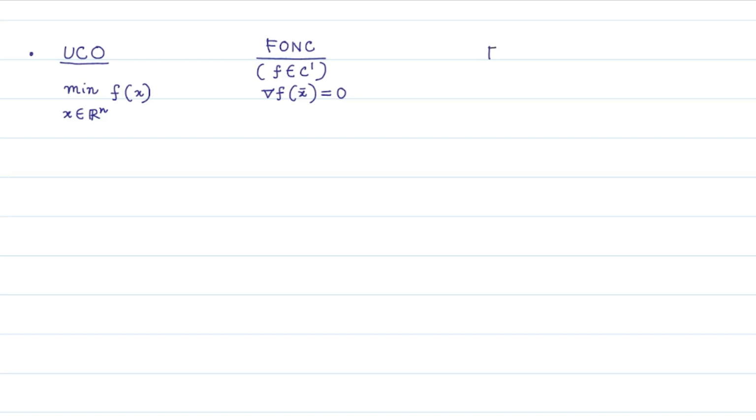And the first order sufficient optimality condition for this unconstrained optimization problem is that, under the assumption that f is a C2 function, that is twice continuously differentiable, if we find a point x bar at which the stationarity condition is true, that grad f of x bar is vanishing, and if the objective function f is a convex function, then that implies the optimality, the minimality of this point x bar.